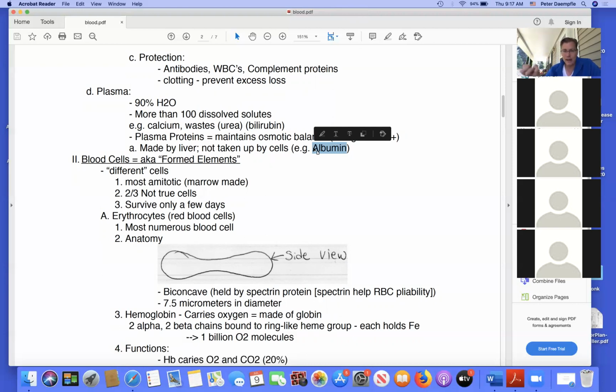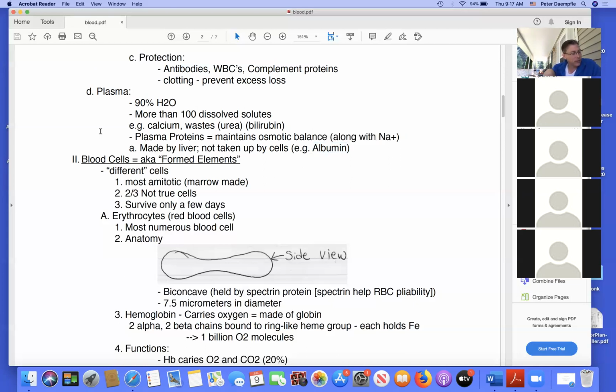Albumin is egg white, and that is actually in all of your blood, in a tiny form. That maintains osmotic balance, keeps the water in the vessels to maintain the right amount, and it's made by the liver primarily, to maintain the right amount of water in your body. Okay, that is your plasma. I bet you didn't think we'd have that much to say about plasma.